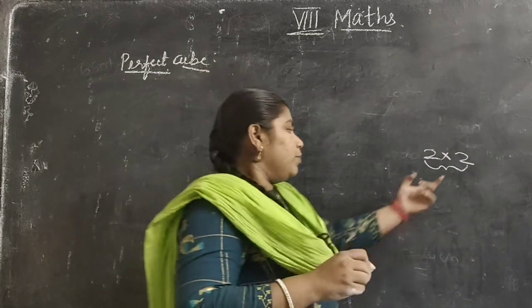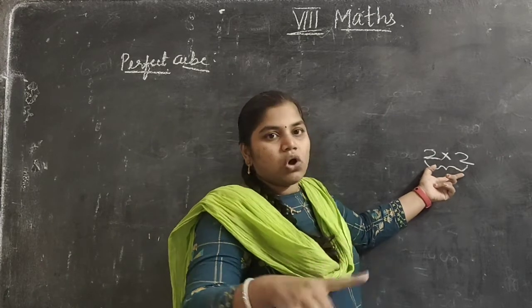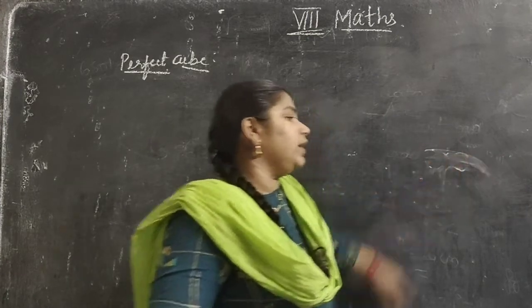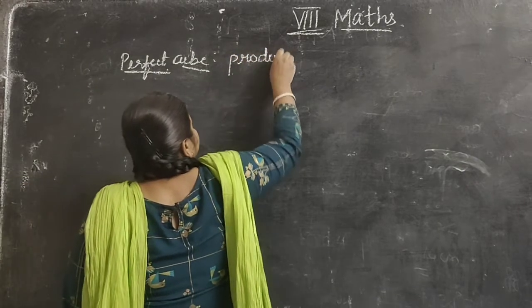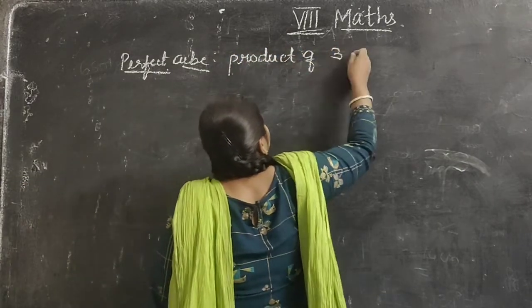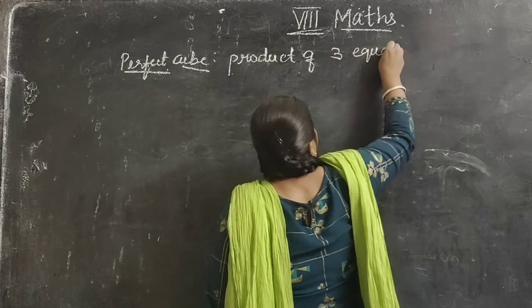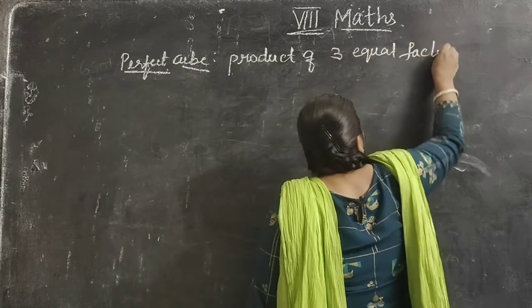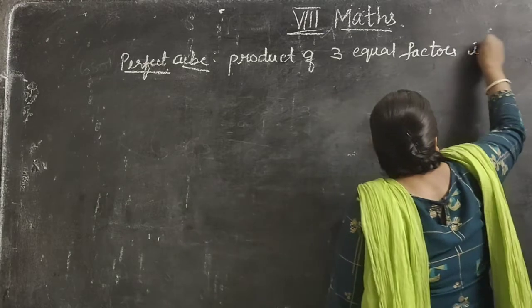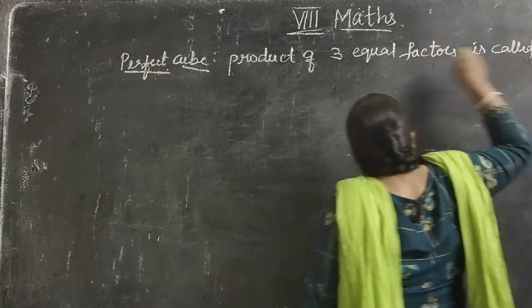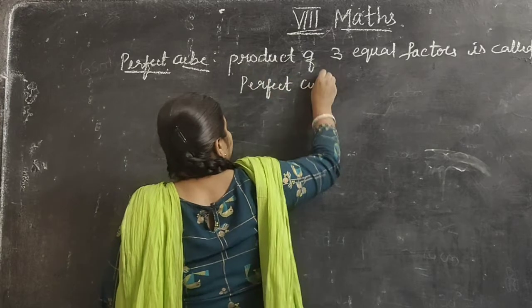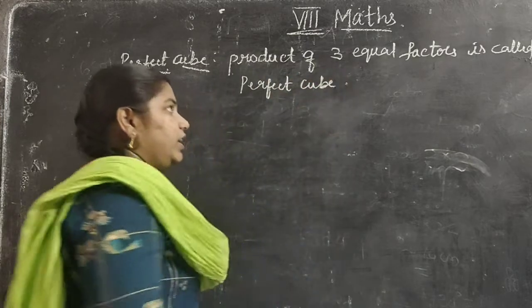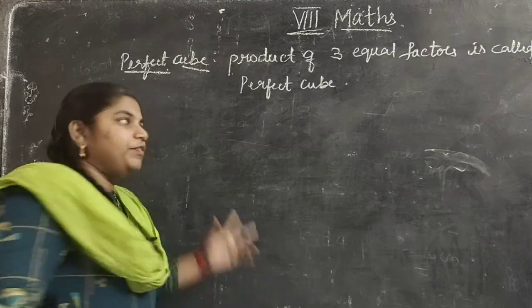But in the case of a perfect cube, the product of three equal factors is called a perfect cube.